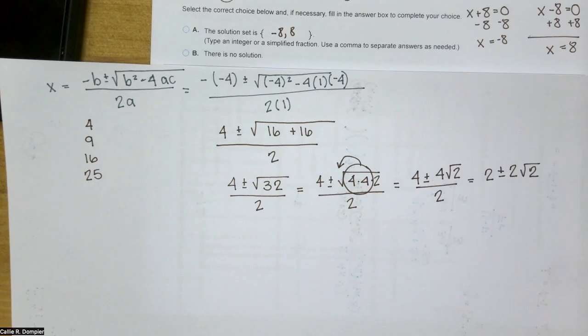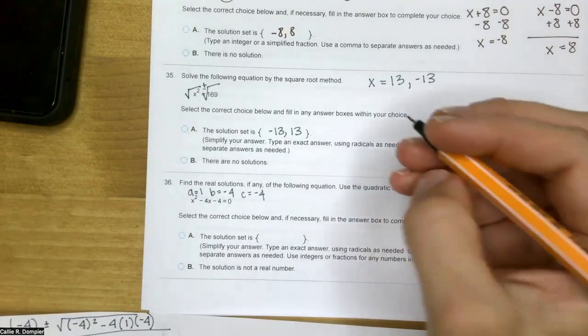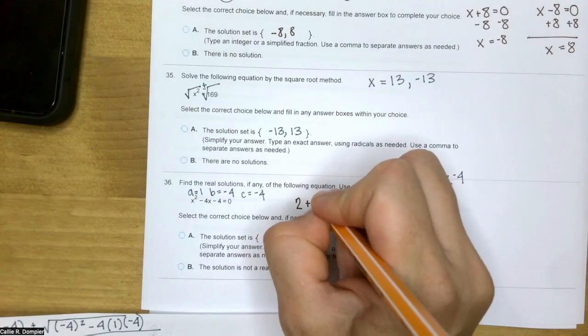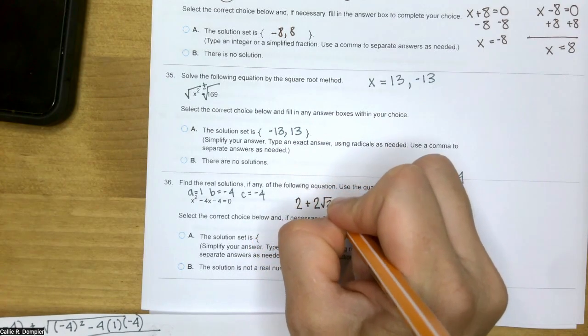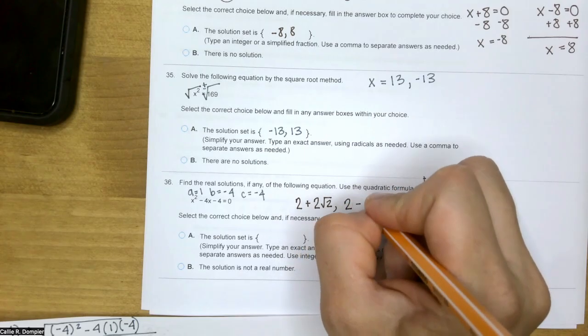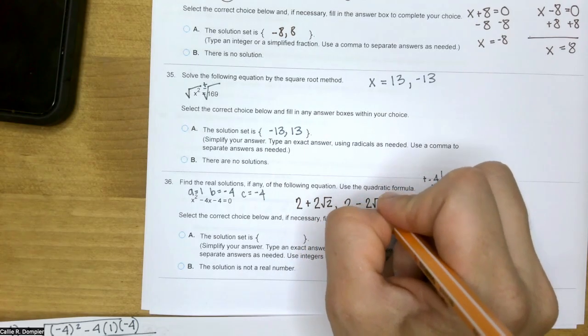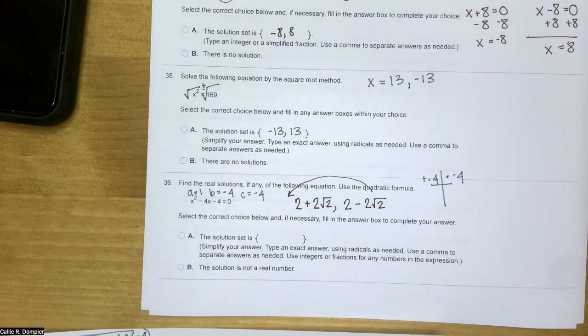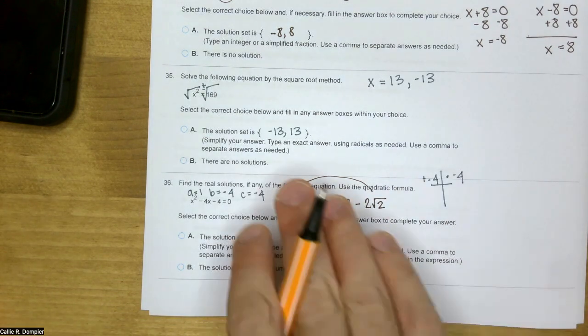Good. So our answer for 36 is 2 plus 2 square root 2 and 2 minus 2 square root 2. I guess that one should go in front because it's smaller. But those are the two answers for 36.